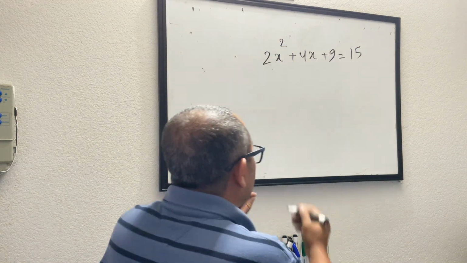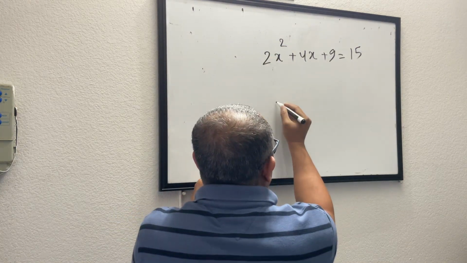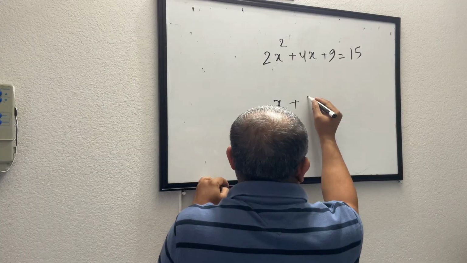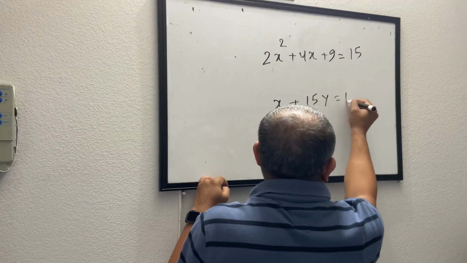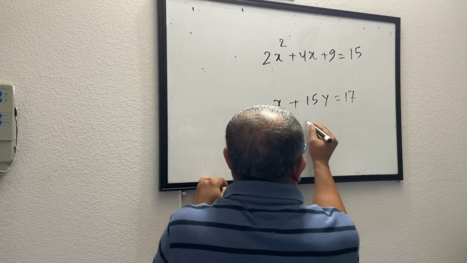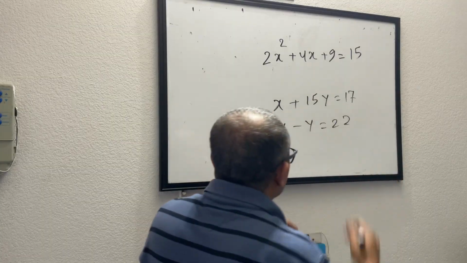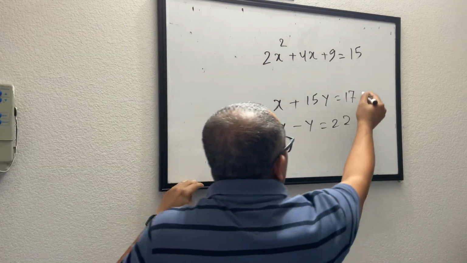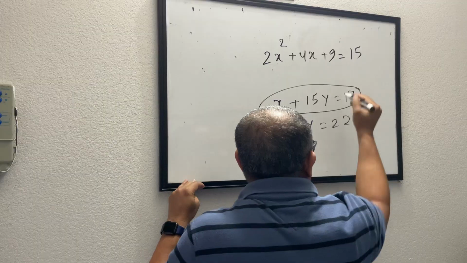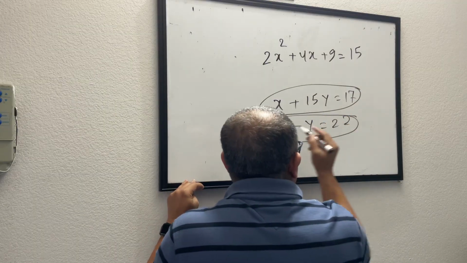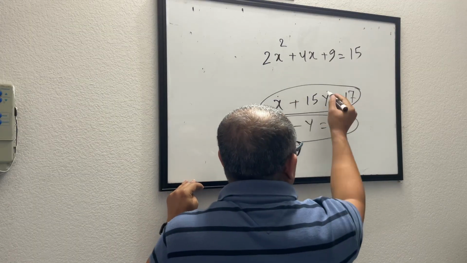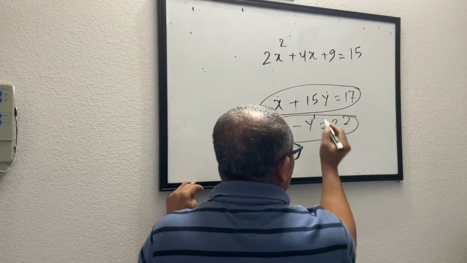So if you guys remember, when we were dealing with linear equations, I would have mentioned that, okay, if I'm talking about x plus 15y equal to 17, 2x minus y equal to 22, whatever, these are the equations which are called linear equations because the maximum power to any of the variable that you see, x and y, is 1.